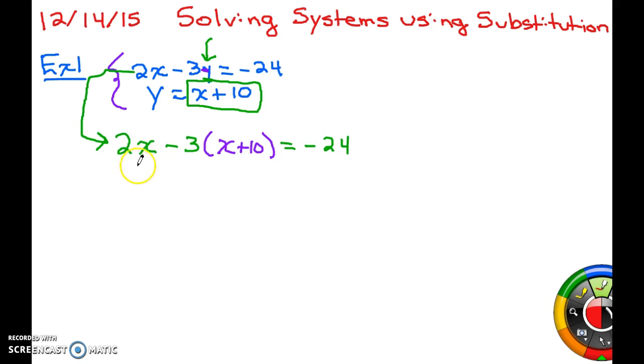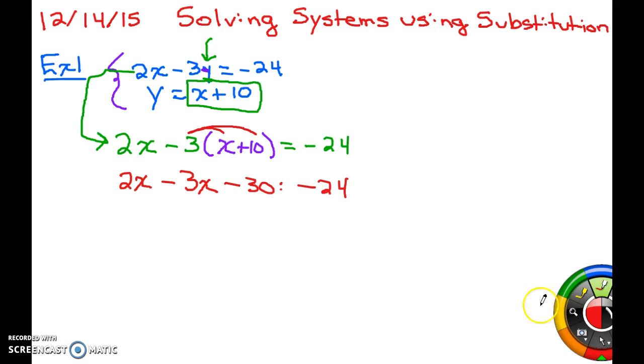And so I'm just going to solve it like I would in our first solving unit. I'm going to rewrite the 2x. I'm going to distribute the negative 3. So negative 3 times x is negative 3x. Don't forget that minus sign out front. That negative 3 times a positive 10 is a negative 30. And that's all equal to negative 24.